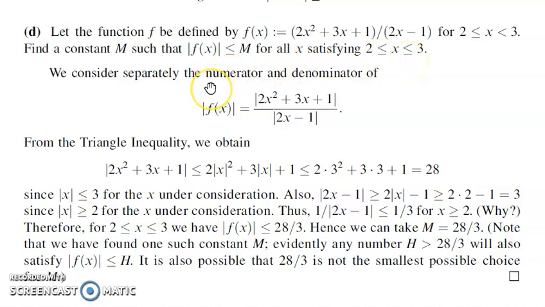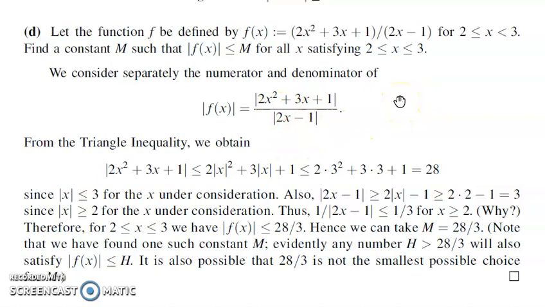So we move on to the problem. Modulus of f of x should be equal to modulus of 2x square plus 3x plus 1 divided by modulus of 2x minus 1. So this is less than or equal to m, which implies the numerator should be less than or equal to some number, and 1 by modulus of 2x minus 1 should be less than or equal to some number.